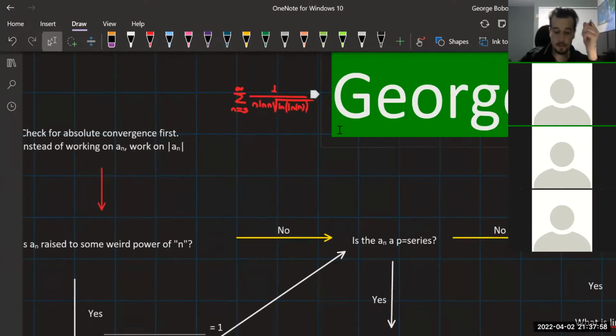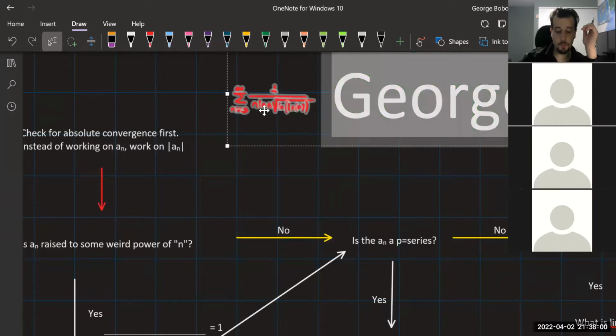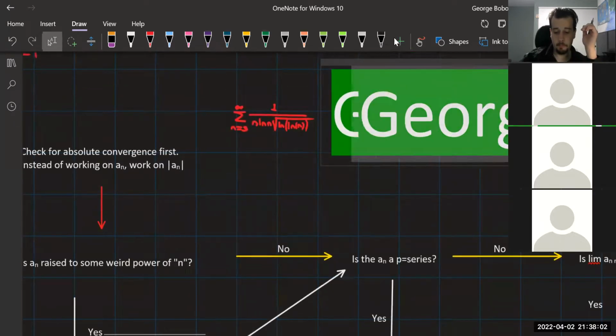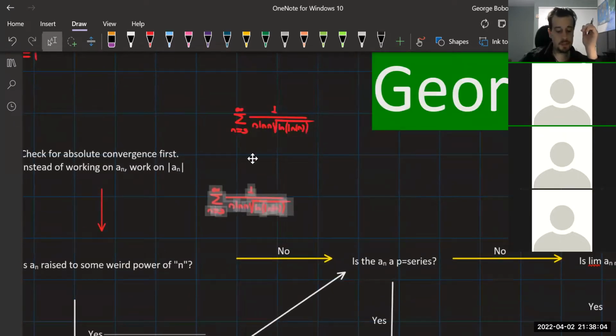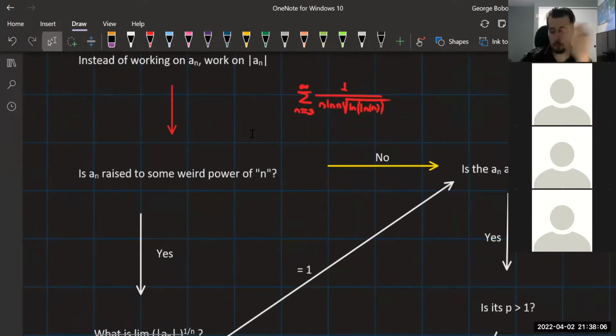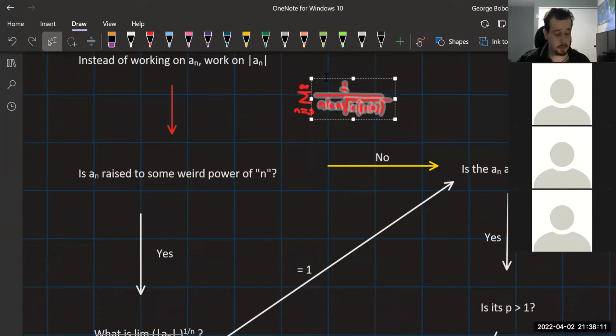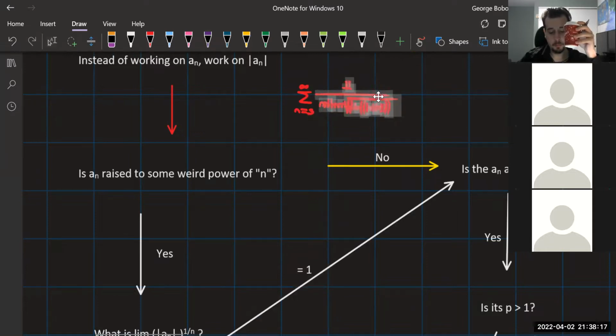Now, Natalie, again, yes or no over here. Is this raised to a weird power of n? The whole thing, in brackets, raised to a weird power of n? What do we think?